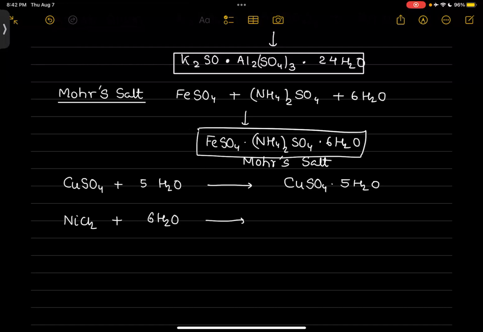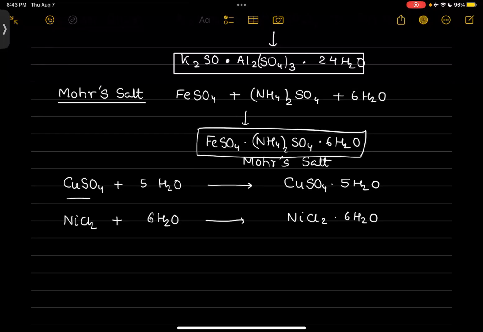Yes, sir. And nickel chloride, there are many compounds like this. Not only with water, with NH3 and all, we can have a lot of compounds behaving in a similar pattern where they are formed when two or more than two compounds are mixed together.